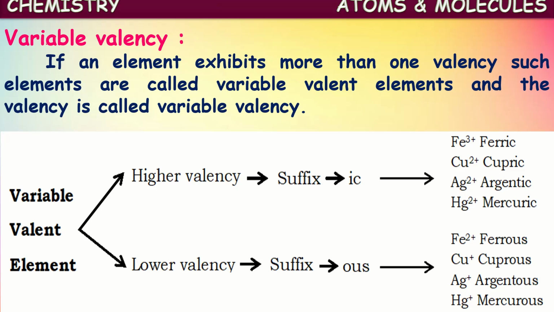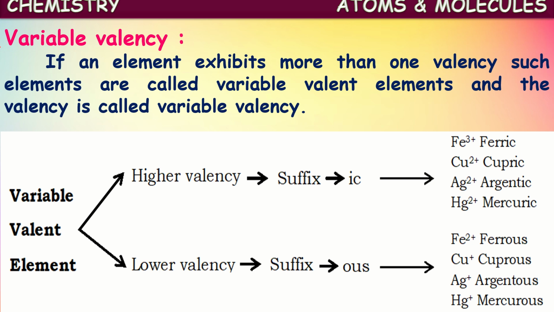Now, variable valency. Variable valency means the atom of an element has its own combining capacity, but a few elements exhibit more than one valence. Such elements are called variable valent elements and the valency is called variable valency. They exhibit more than one valency.